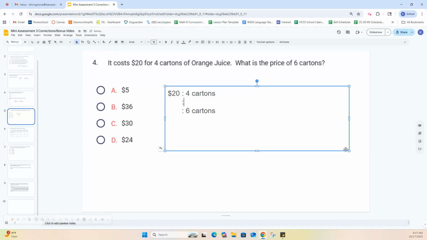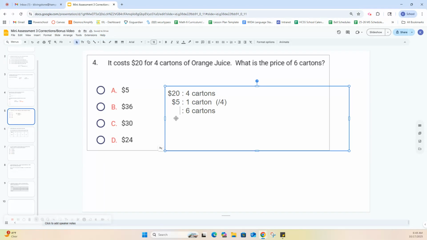So I need to do something else. We are going to find the cost of just 1 carton first. To go from 4 cartons to 1 carton, we're going to divide by 4. So $20 divided by 4 is $5 for 1 carton.